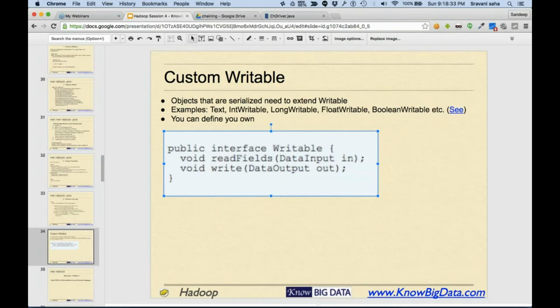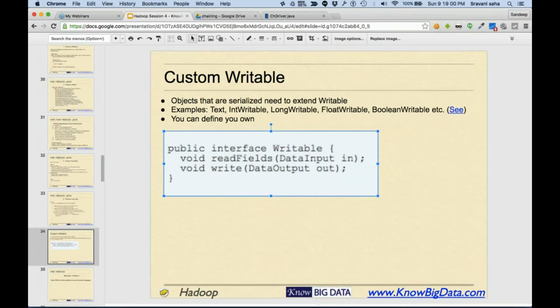Basically, anything that needs to be written to the disk or to the wire, as in when I transfer data from me to you, as I'm speaking right now, the data is getting pushed to the wire, right? That's where serialization comes into play.